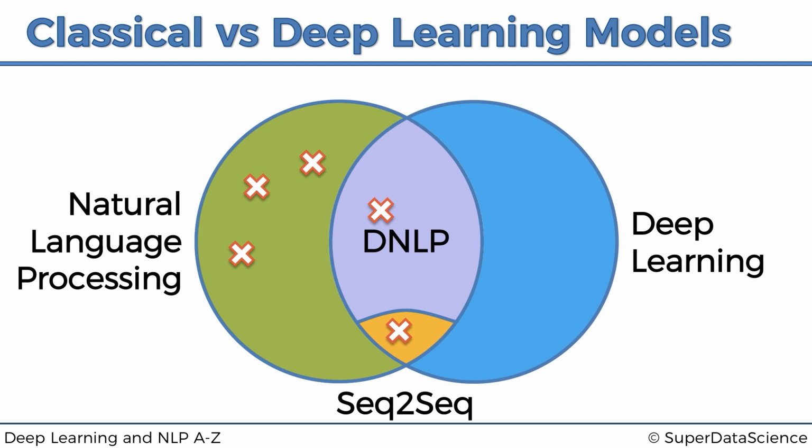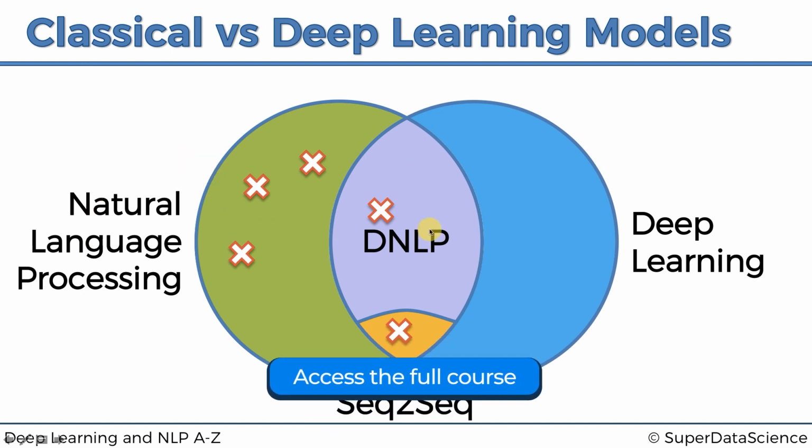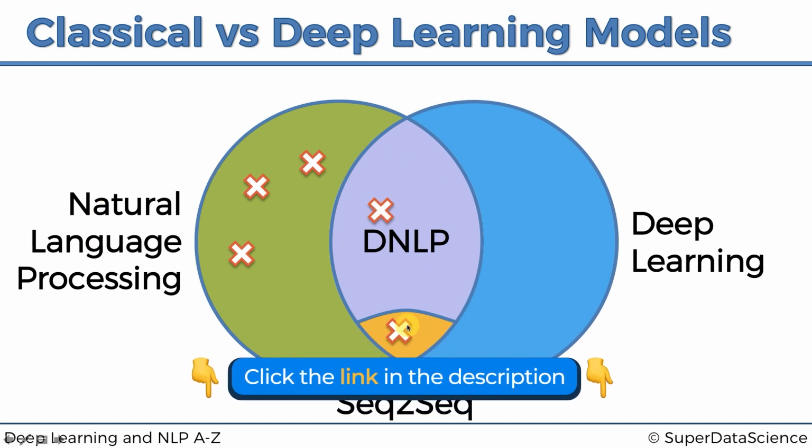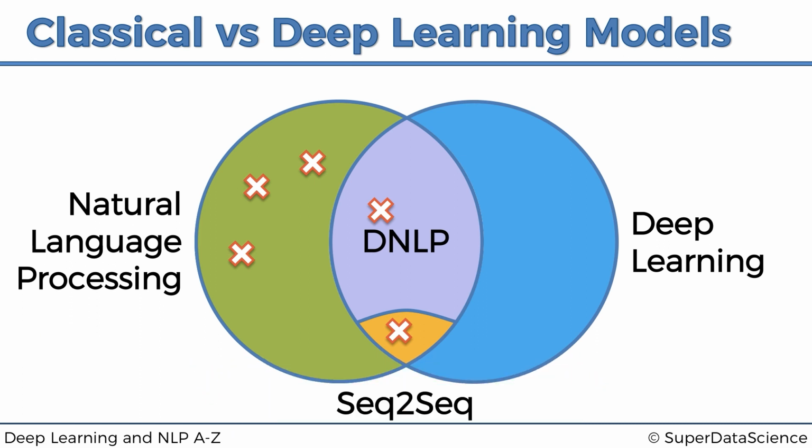Because we could definitely just jump into sequence to sequence and look at the most powerful things, but then it would still be a mystery what are natural language processing models, how are they different to deep natural language processing models, and how are they different to sequence, what are the applications, and so on. So let's have a look at a couple of examples.